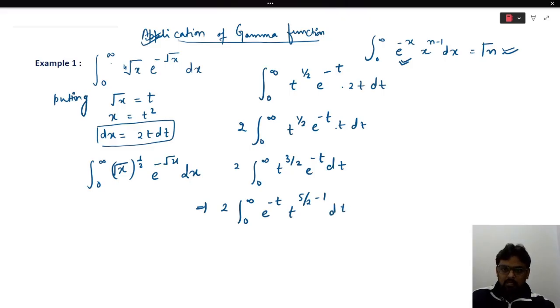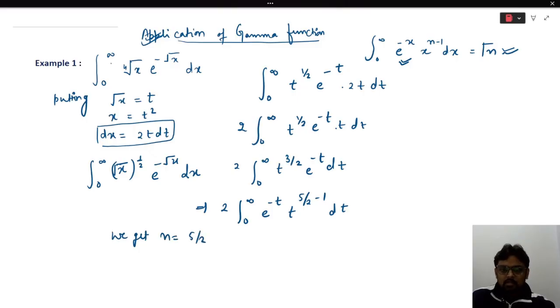From here we get the value of n by comparing this integration with this one, so we get n equals 5 by 2.